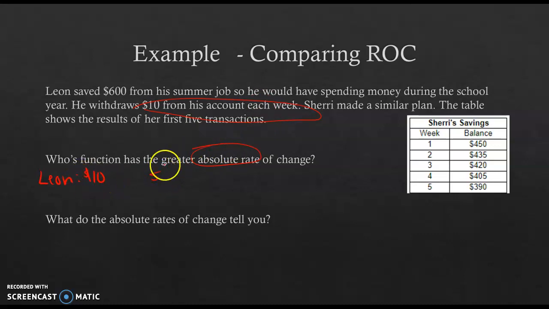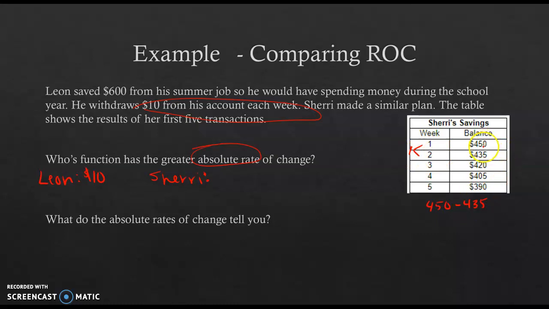So we know Leon's rate of change, so now we need to find Sherry's rate of change. And Sherry goes from 450 to 435, 435 to 420. And so we just need to figure out what the difference is. So from 450 minus 435, this is just a difference of 1.